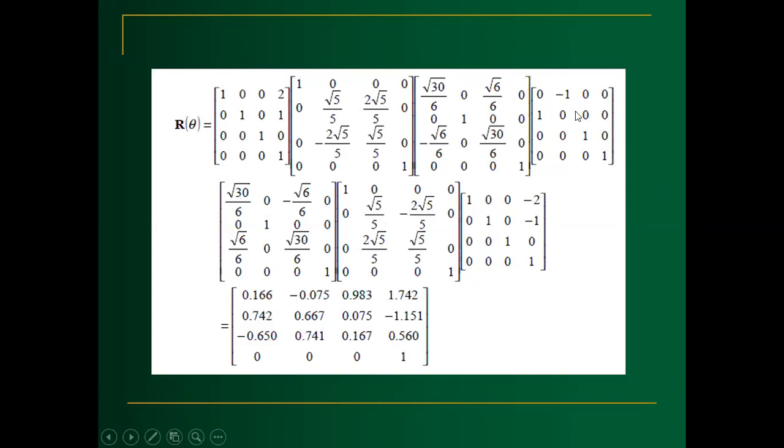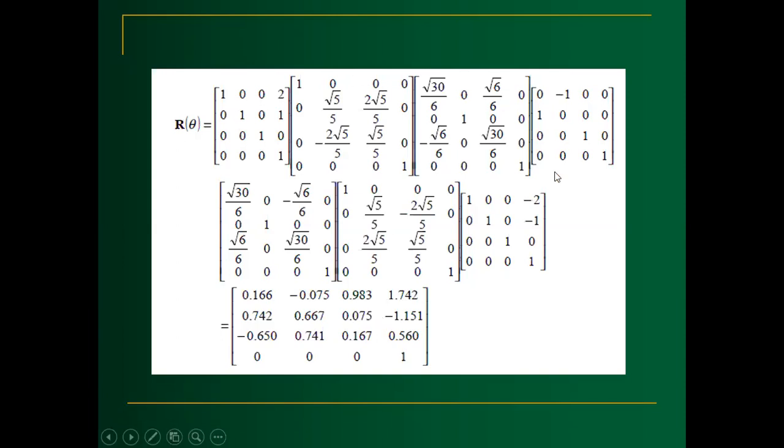This is R z of theta. Now you go back. Whatever you have done, you do it back: inverse rotation and inverse translation. Inverse translation, you can see here, minus 2 minus 1 0 now becomes 2 1 0.